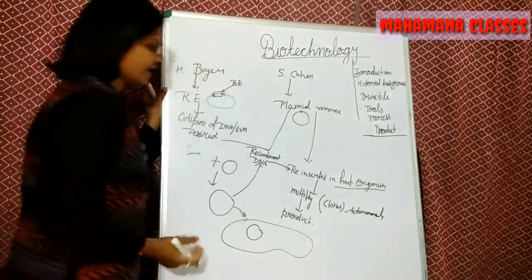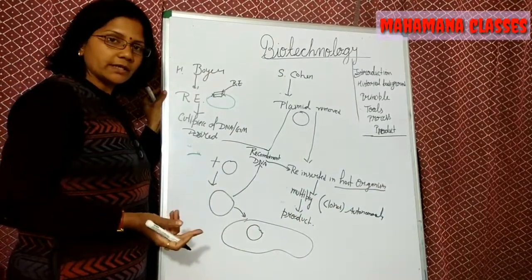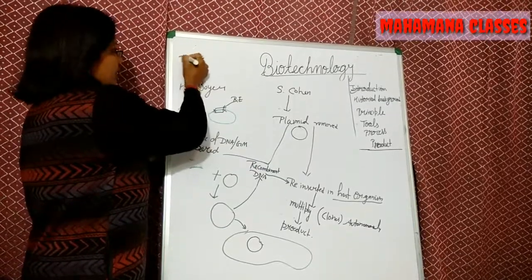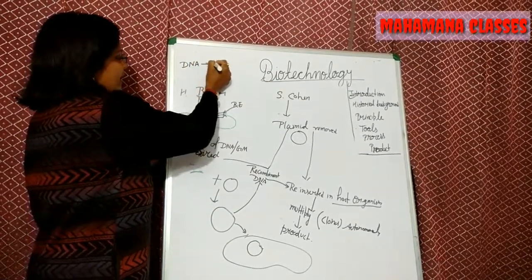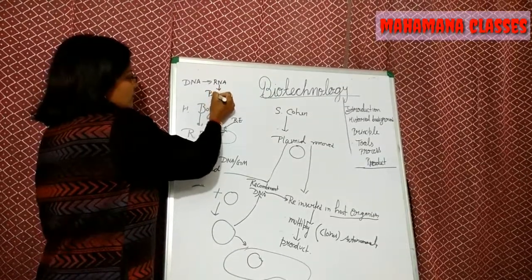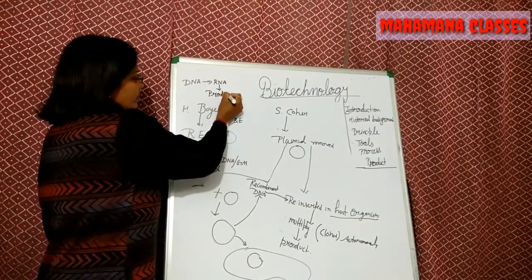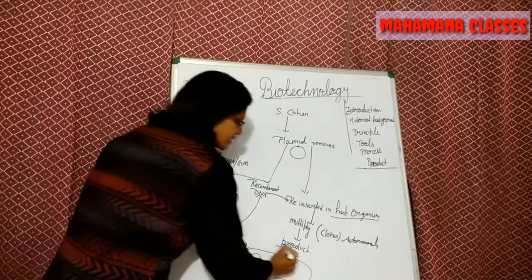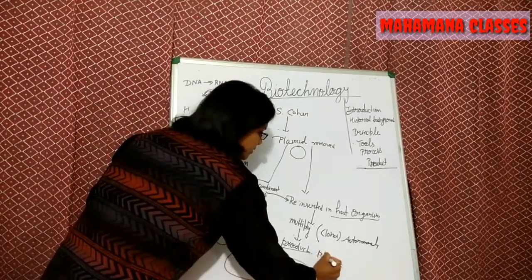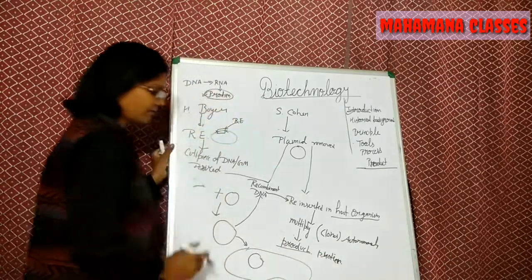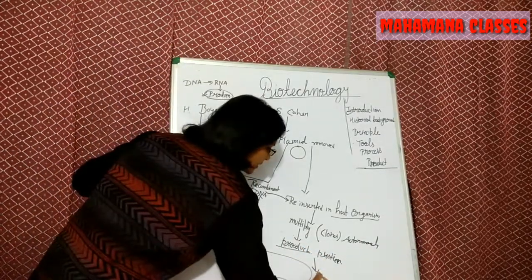As it multiplies, it will form protein. As we know, DNA, then RNA, and then protein. So it will form protein in the form of its product. So it has laid the foundation of biotechnology.